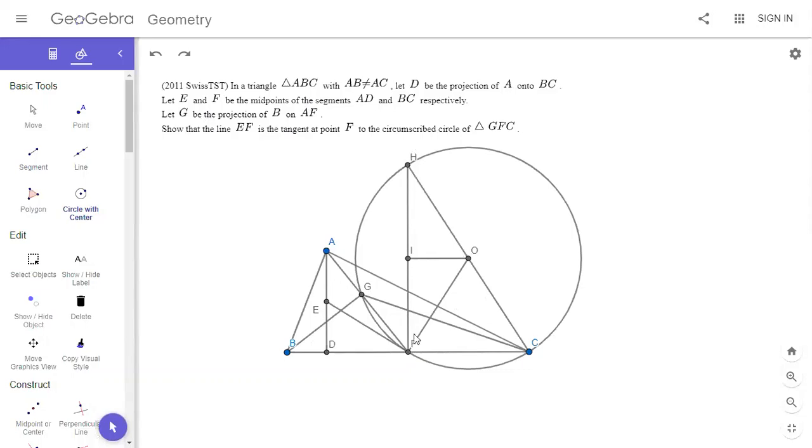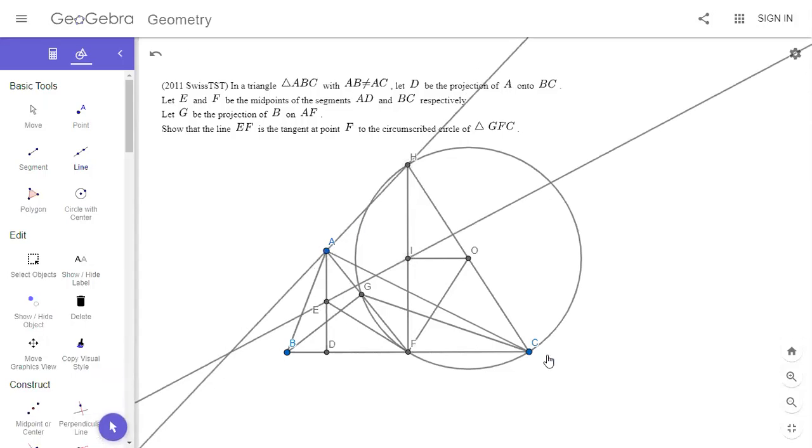So I is the midpoint of HF, E is the midpoint of AD. These are concurrent. I don't know if that does much. I feel like maybe I'm making this harder than it has to be, but let's see.